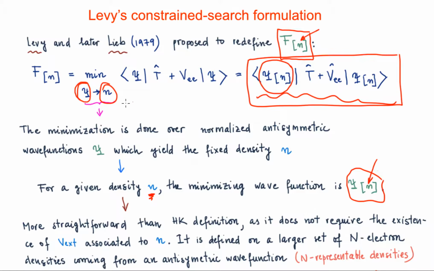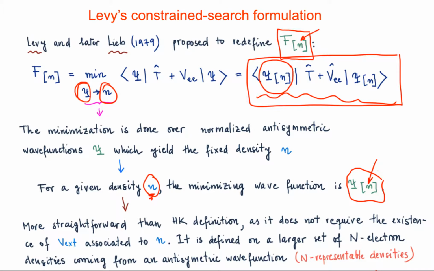Because when we say we fix the density and minimize with respect to the wave function, the kind of density we're fixing are those that are n electron densities coming from an anti-symmetric wave function. We don't care if this density can be a possible density coming from any external potential.